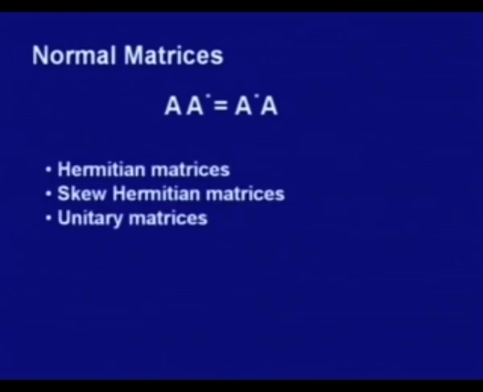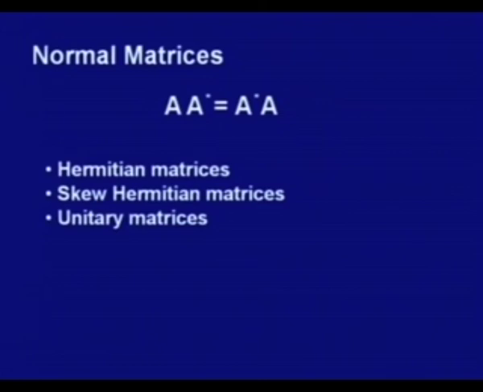So, the examples of normal matrices: the Hermitian matrix. For a Hermitian matrix, what is A star? A star is the same as A. So, basically A A star for a Hermitian matrix is A square, and we know whether we post multiply or pre multiply, the result is the same. So, Hermitian matrices are normal matrices.